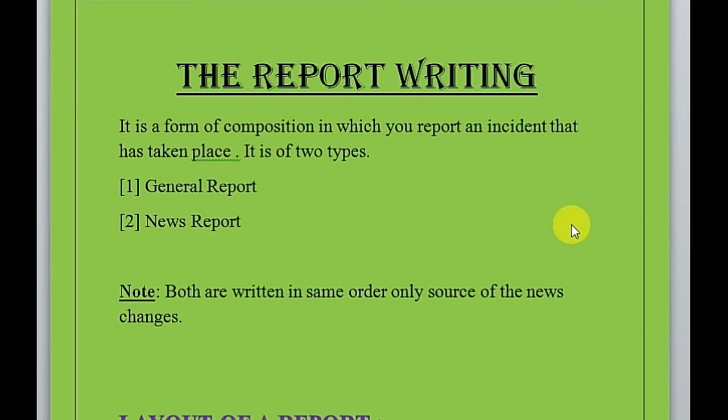But for a student writing for their paper, it is important to understand the method, because they are not going to publish in the newspaper. A very important thing is that both are written in the same order, only the source of the news changes. Later I will show you what the source of the news is. Only this difference will be there, other things will not change.